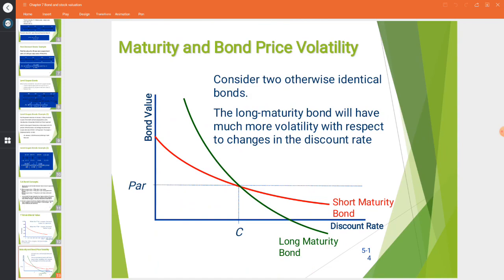We could conclude that the long maturity bond will have much more volatility with respect to changes in the discount rate. The volatility in changes in bond price is higher than the volatility of a short-term maturity bond regarding changes in discount rate.